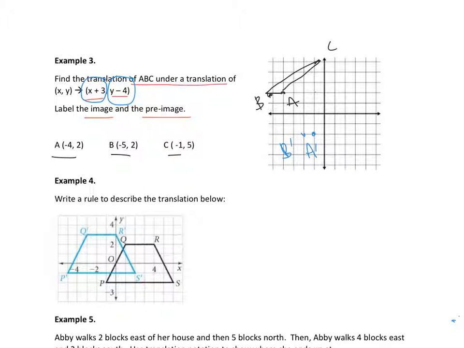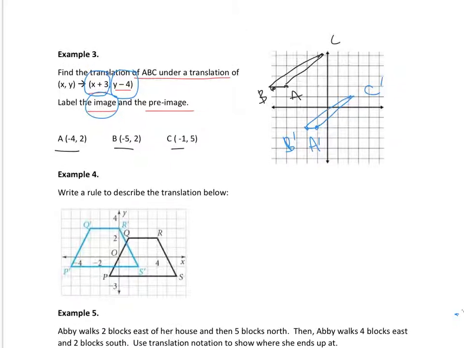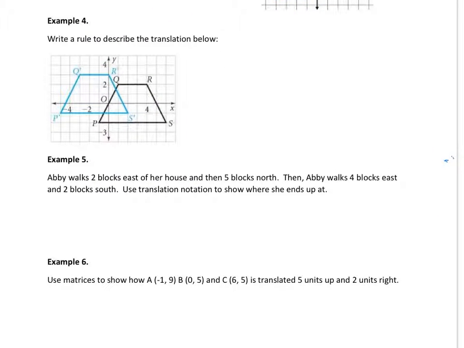And then we do the same thing with C, shifting it 3 units right and 4 units down. Make sure you label it C prime. In the end, it should be the exact same shape and size. You can be a little neater than this, but make sure you put the primes where you need to.